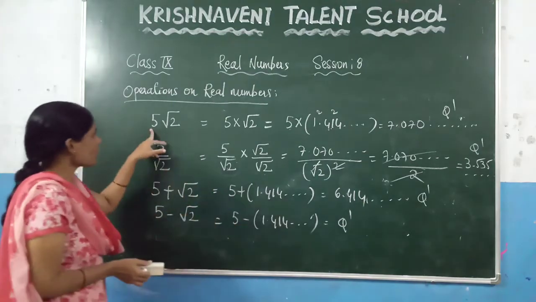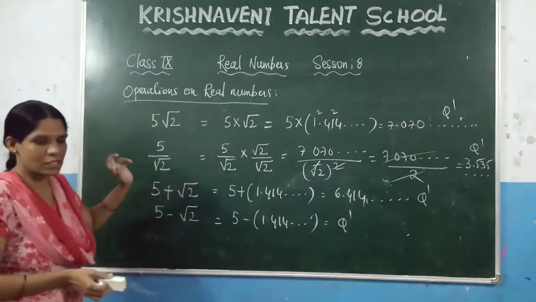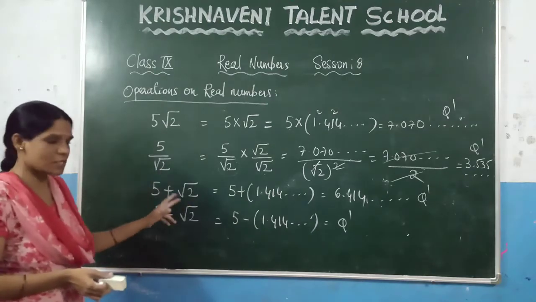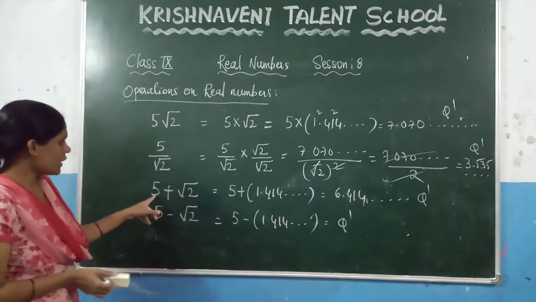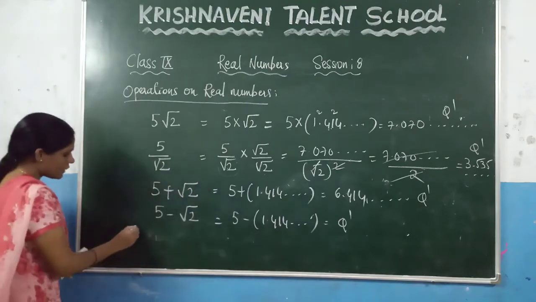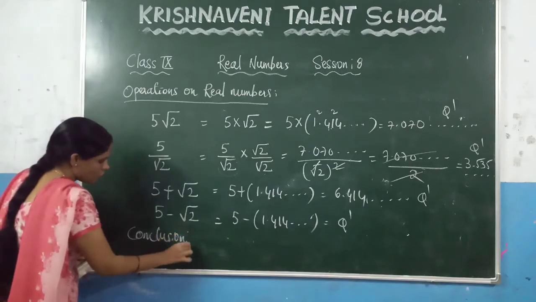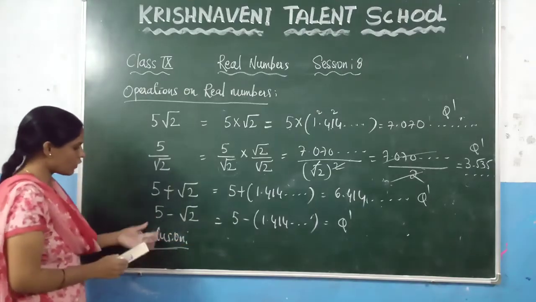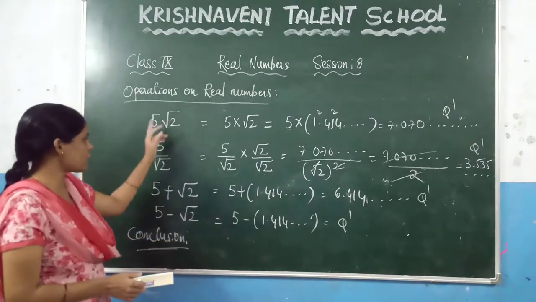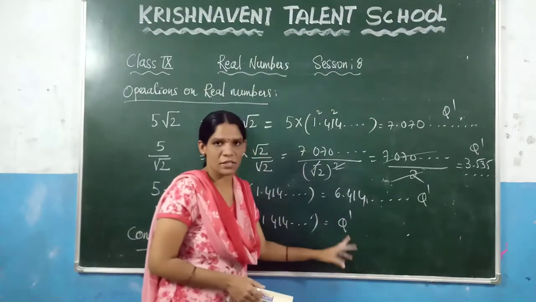Here, the product of a rational and an irrational is irrational, and the addition of a rational and an irrational is also irrational. Now write that one. Conclusion: we took one number as rational and one as irrational, and after addition, subtraction, multiplication and division, we got all the values as irrational.